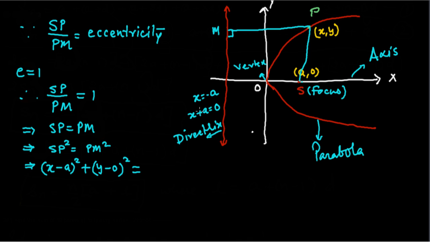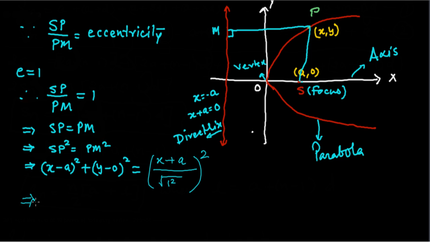PM is the perpendicular from point P, with coordinates x and y, to the directrix x plus a is equal to 0. So we write x plus a upon the square root of the coefficients of x and y squared. Here the coefficient of x is 1, and 1 square is 1, so PM square is x plus a whole square.